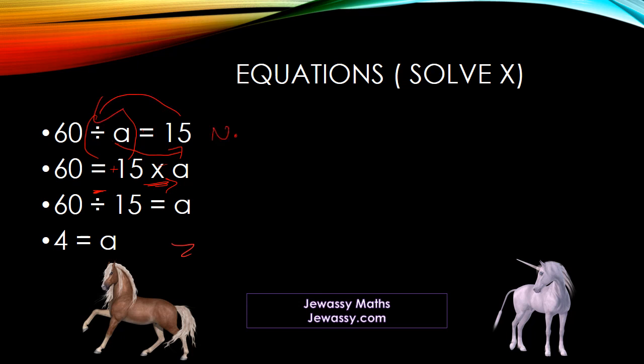We need to take note of this, because you could get a sum like this in the exam. So it means that the a will come over this side, and this becomes a divide. 60 divided by 15. So 15 can go into 60 4 times, which means a is equal to 4. If we were to take this back up into the sum, 60 divided by 4 gives me 15, so we know our sum is correct.